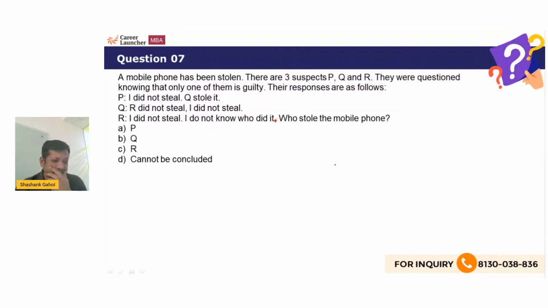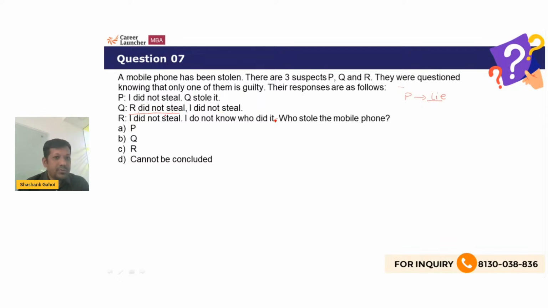So basically, the approach that I'm going to take: I'm assuming that P is guilty. So P is guilty, it means P is a liar. So if P is a liar, it means the other two people are speaking the truth. R did not steal. That is true. If P stole, it means R did not steal. Fine. Q says I did not steal.